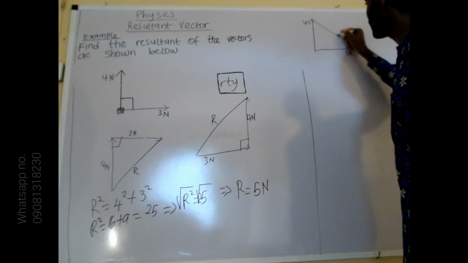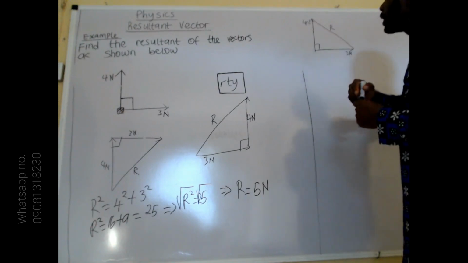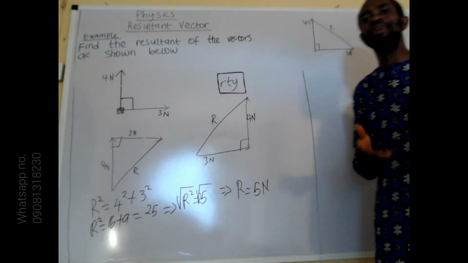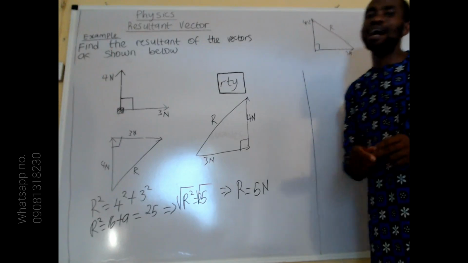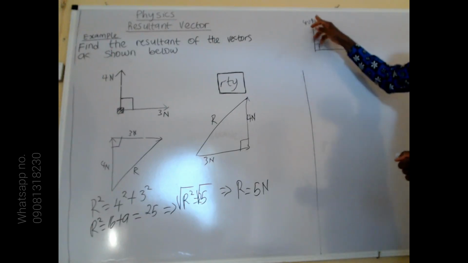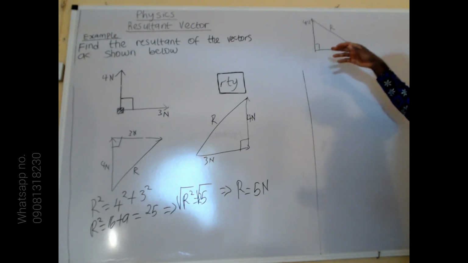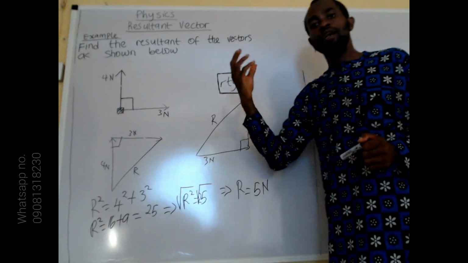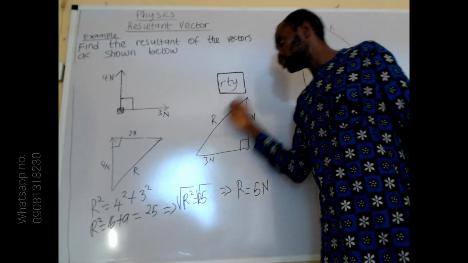They just join it together and they solve for this R. Now, this is not totally right, but luckily, doing it this way, it will still arrive at the same answer. When two vectors are acting at the same point, you don't just join them to get your resultant vector. You must follow the rule that you take the initial point, add it to the final point of the other vector, then you join it together.